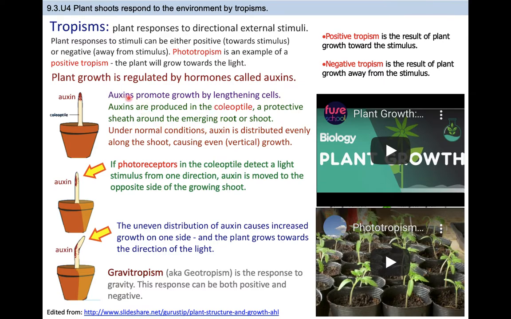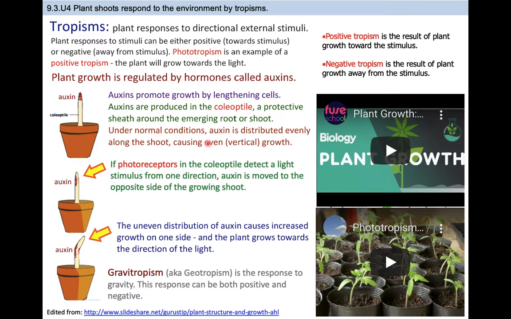So first off, you need to know that auxins promote the lengthening of cells, not division. They cause cells to grow in length. And they can be found in the coleoptile, which is a protective sheath around the emerging root or shoot. Once again, this auxin is mainly found in the apical meristem.